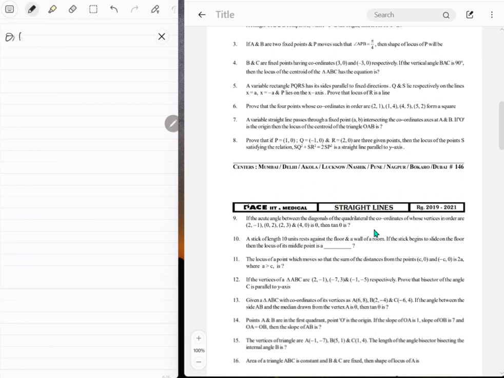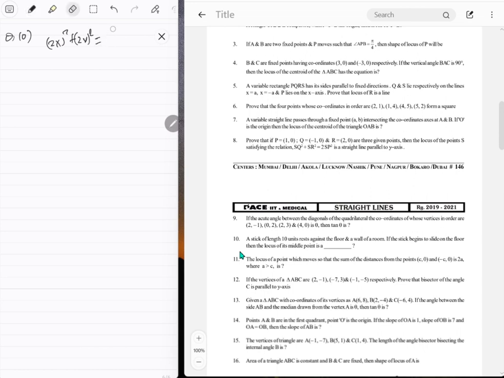Question number 10. A stick of length something rests against the floor and wall. I think I've seen this. If the stick begins to slide on the floor, the locus of its midpoint is a hyperbola. No, sorry, it's a circle. It's a circle. Yeah, right? Because 2x squared plus 2y squared equal to L squared.